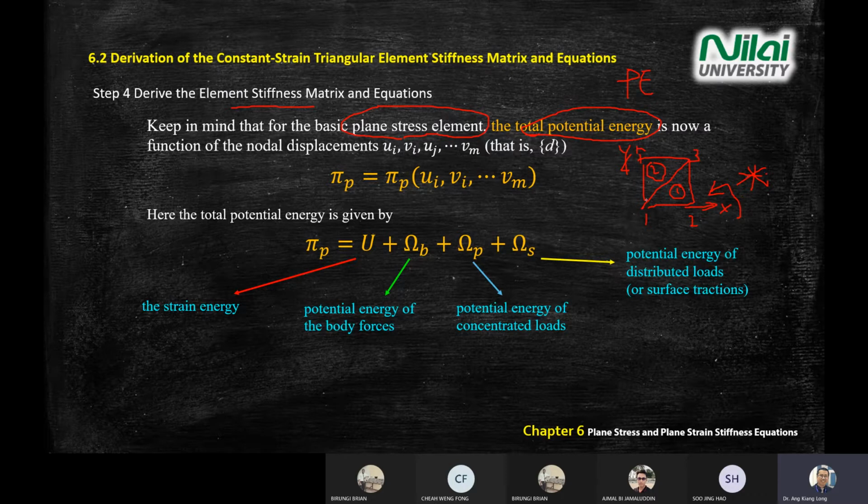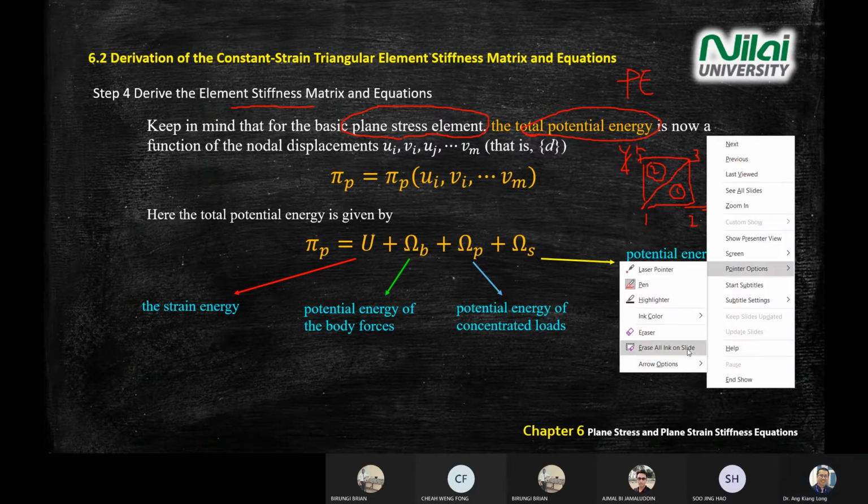For example, the first triangle, you label as points 1, 2, 3. For triangle number 2, you label it as 1, 3, 4 and not 1, 4, 3. Okay, this is just a reminder. All right.